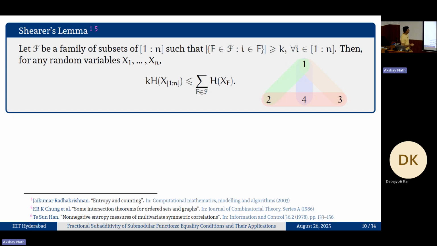So this is a hypergraph way of representing the family. This is a 2 out of 4 family. This is the general form of Shearer's inequality, I mean Shearer's lemma.